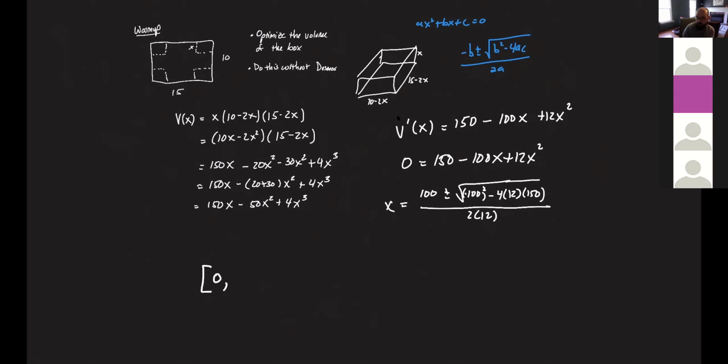X could be 0, which means we don't cut into the box at all, and it could go all the way up to 5, which is half. I can take 5 away from both sides, at which point I'd have cut off the entire side of the box. So our interval is 0 to 5, and then we want to check which of our critical points are in this range.